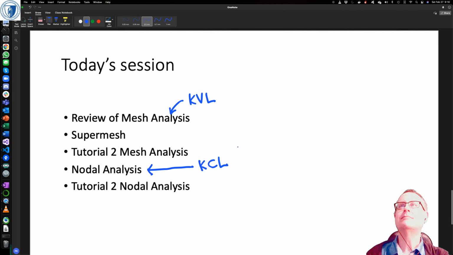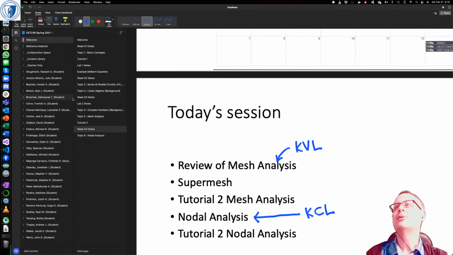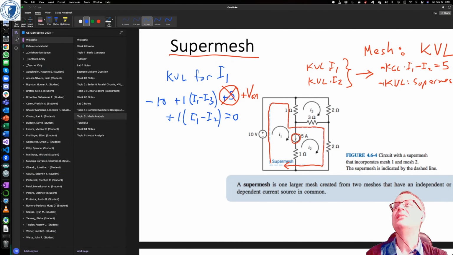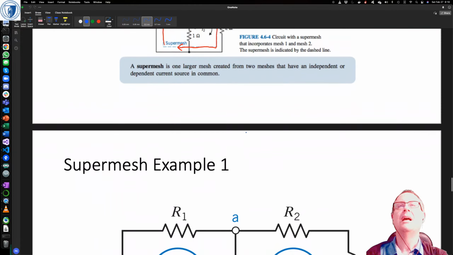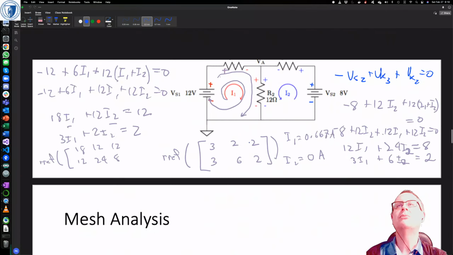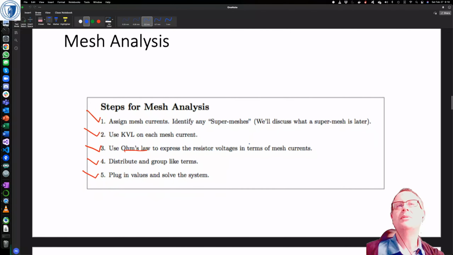Okay. Any questions? So let's go back to last week's notes on mesh analysis. And let's just roll all the way back. Right, so that's the algorithm.